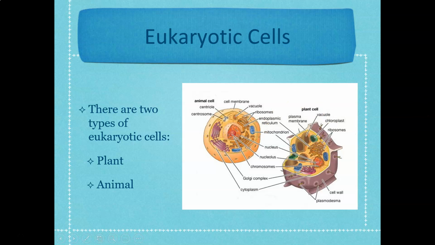And keep in mind, again, we're looking at models, just like we talked about with those prokaryotic cells. These are models of cells. They are not exactly what a cell would look like. These are going to look different depending on the specific plant cell or specific animal cell that you go after. The models are just there to show us everything so that we can get a sense of how to study them and how to teach them.